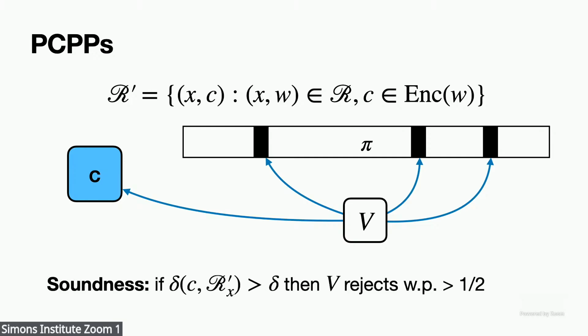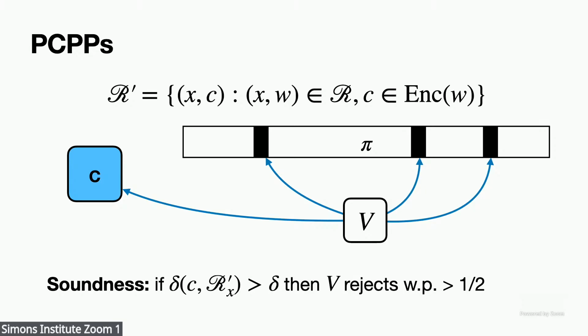And the soundness is this kind of proximity soundness. It says that if the distance between C and everything that is a valid encoding of a witness for X is large, then V should reject with good probability. We can't hope to get an exact soundness condition because V is only looking locally at the proof, but if we're some distance away, then V will reject with high probability.